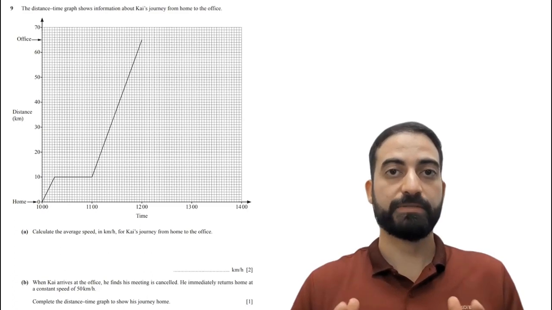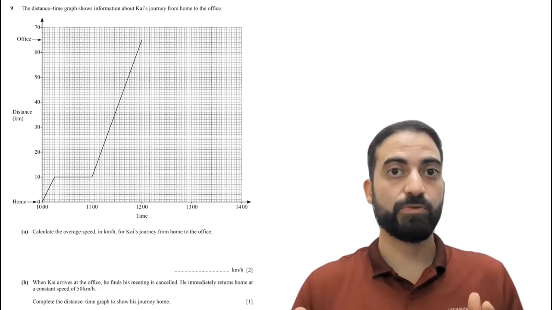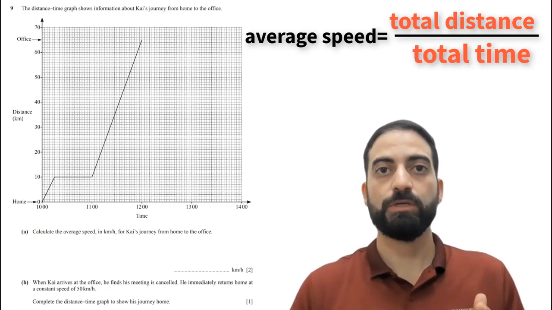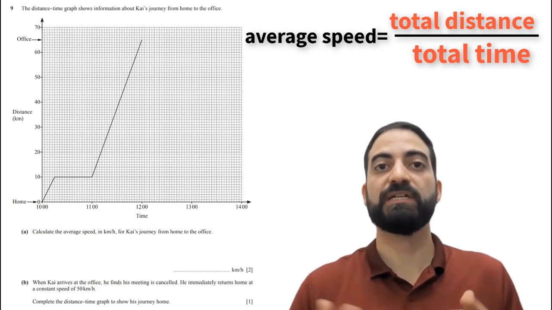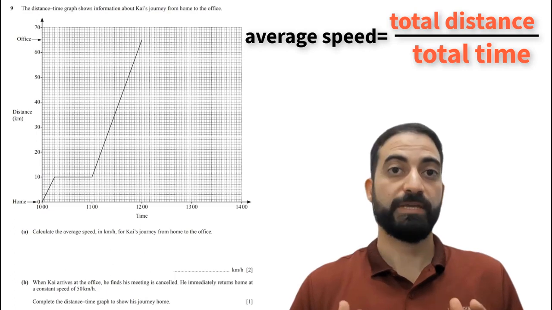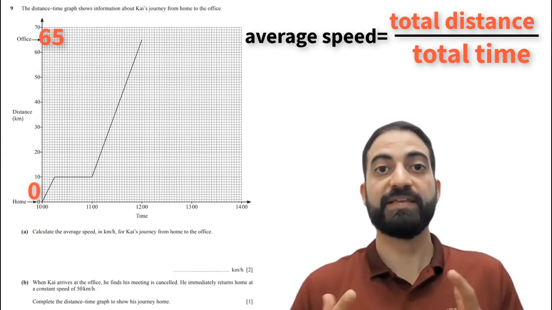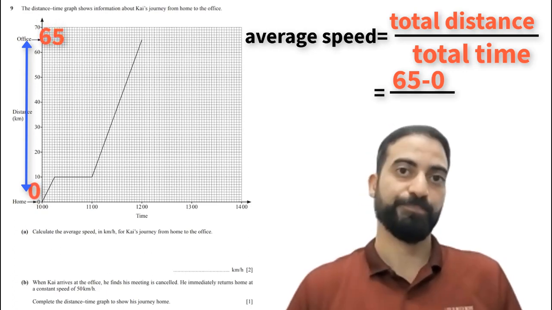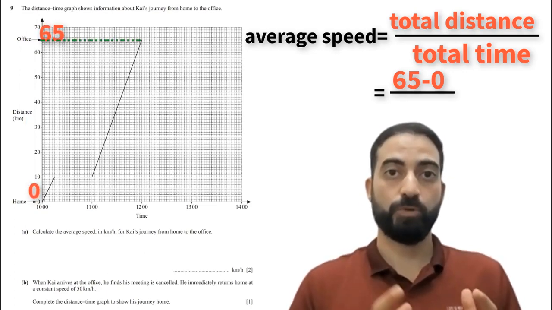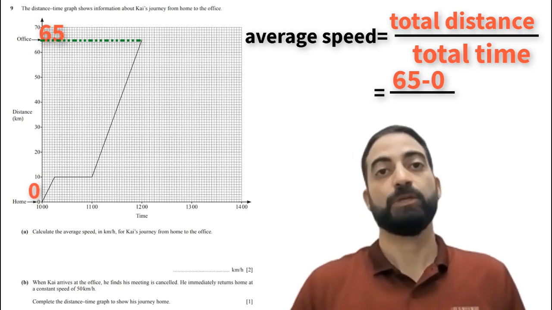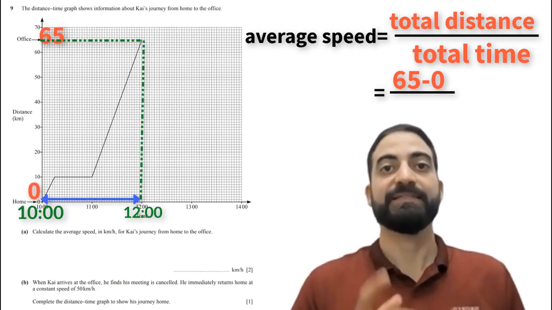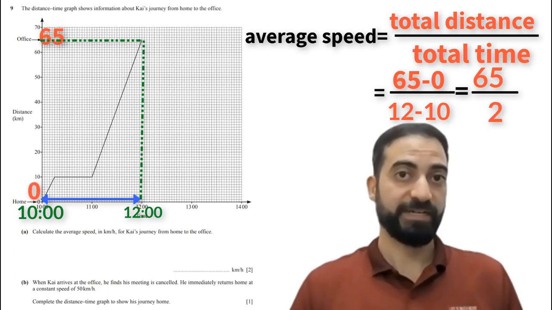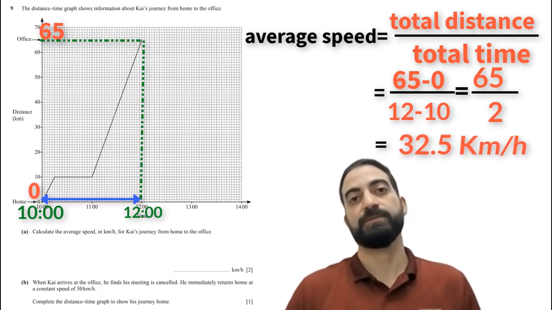When we are asked about average speed, we can directly use this rule, which is average speed equals total distance over total time. So the total distance from home to office is 65 km minus 0 km. And the total time from home to office is 12 o'clock minus 10 o'clock, which is 2 hours. So we get an average speed answer.